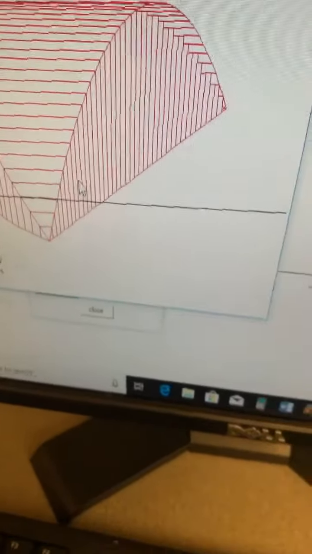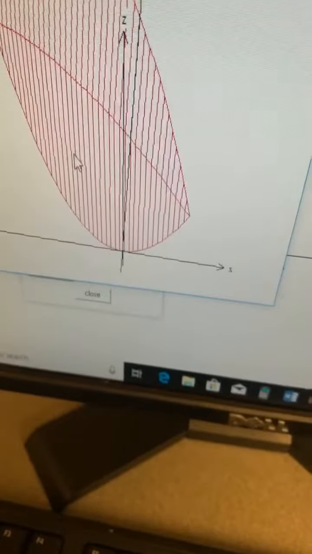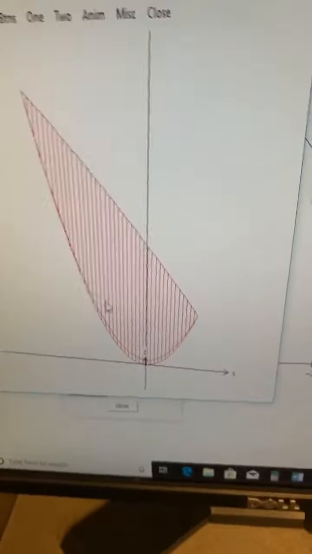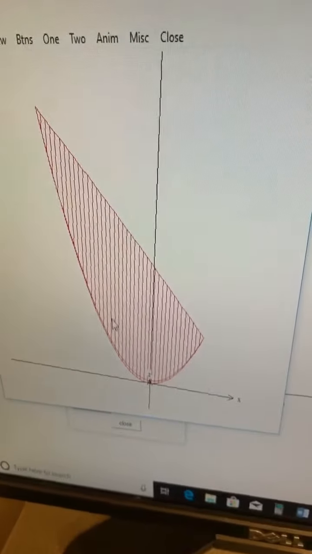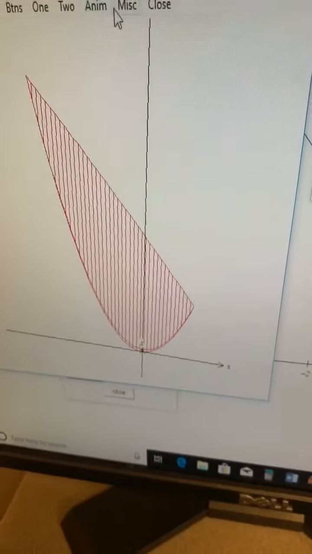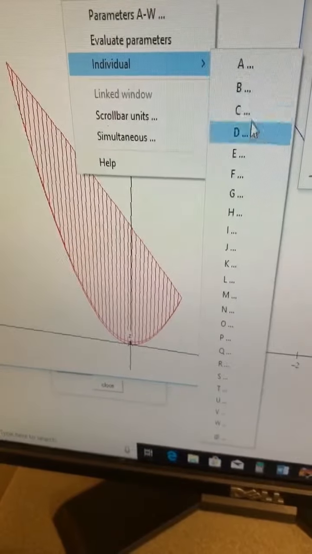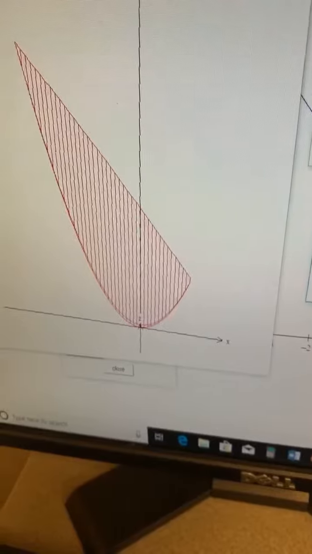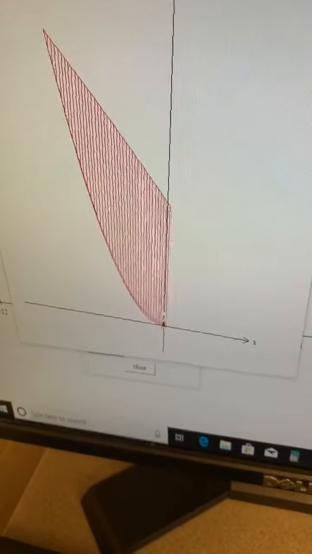So we're going to take a look at this from the top. This is what this looks like from the top. So like if I were to peel this back, see that?